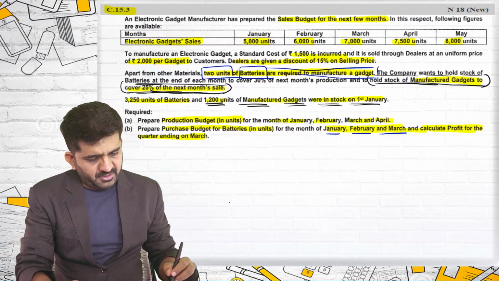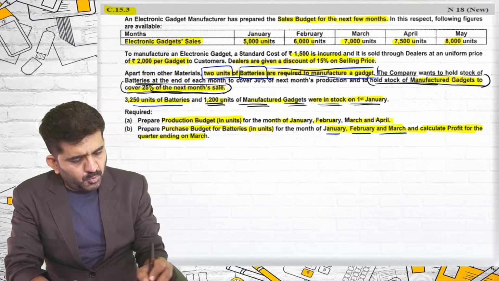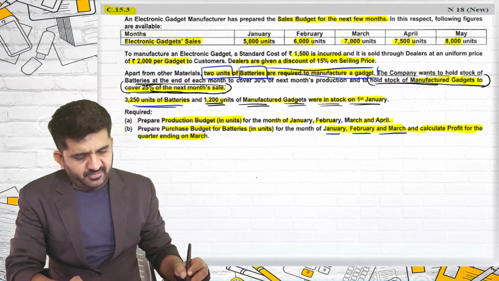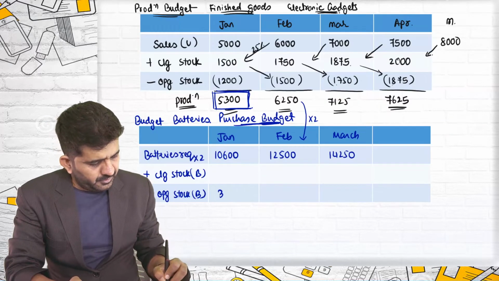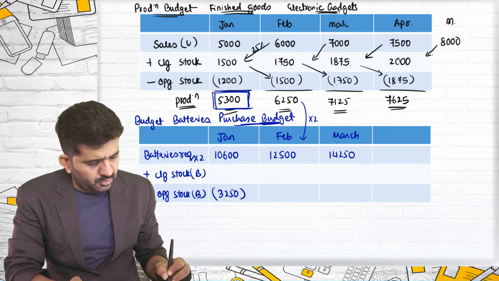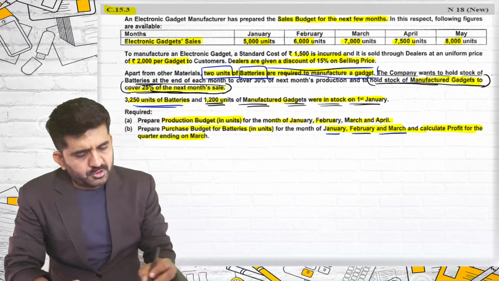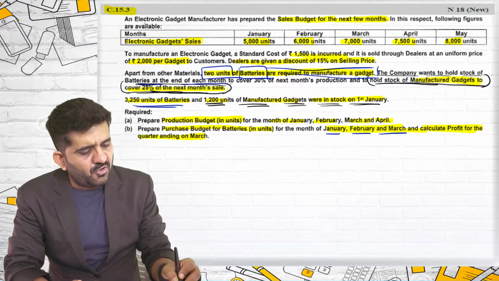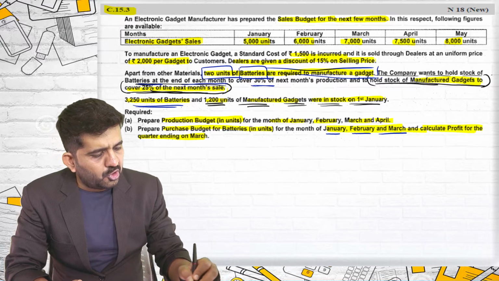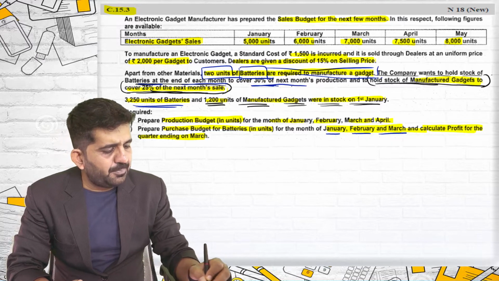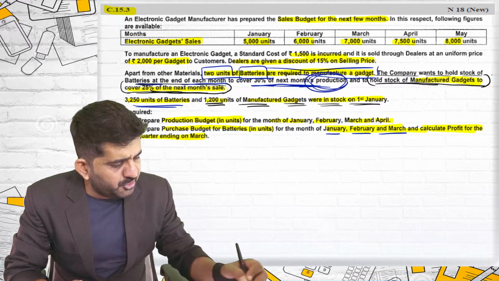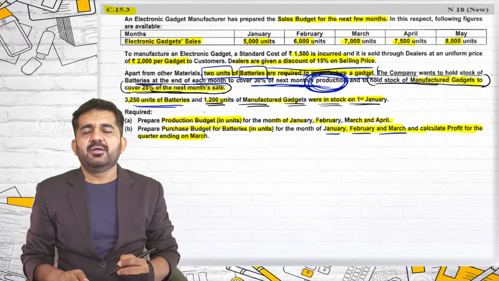Let us see what figures are given. 3,250 units of batteries are opening. The company wants to hold stock of batteries at the end of each month to cover 30% of next month's production.